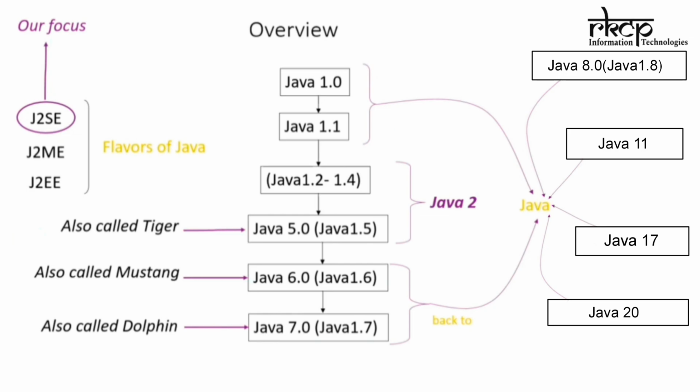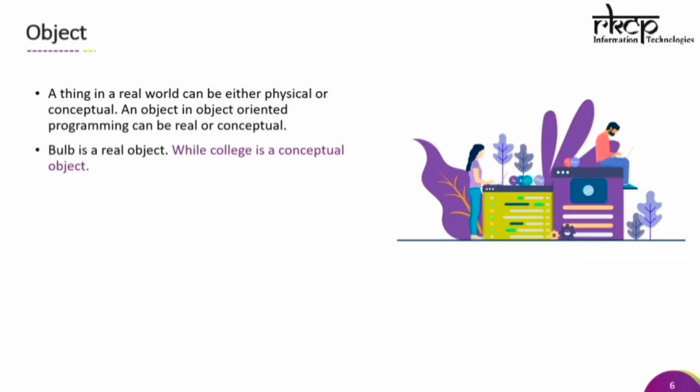Now we are going to define the complete concept of object. If we are going to talk about the object oriented concept, it should come to your mind what the meaning of object is. You can assume an object is anything which you can touch.